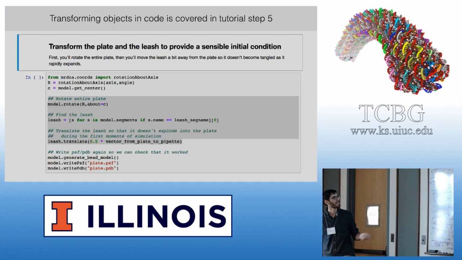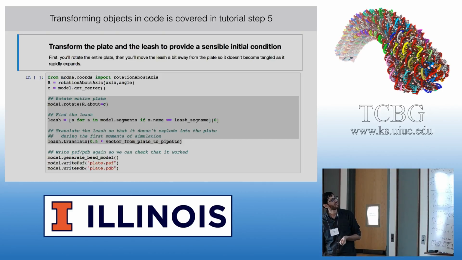So it's very easy to do, and similarly, if you want, you can translate or rotate just a piece of the model, a single helical segment, and those approaches are covered in the last part of our tutorial, in an interactive Jupyter notebook, which is kind of fun.